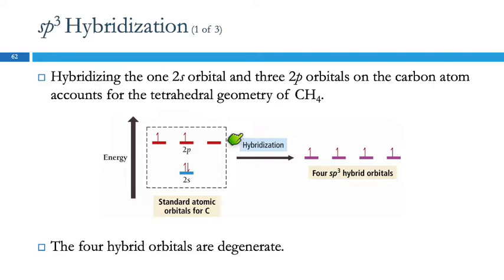If we look at these 4 atomic orbitals on carbon, so these are the valence electrons, there's a 2s orbital, and there are 3 2p orbitals. And so what we're doing here is we're going to say, instead of having a 2s room and a 2p room, let's just draw that. So here's the second floor of the hotel.